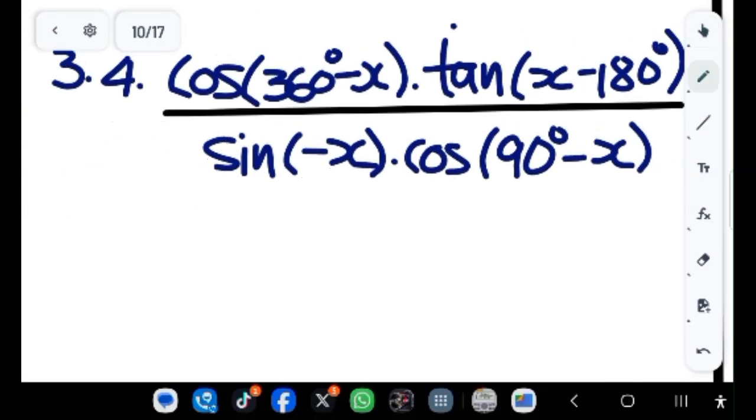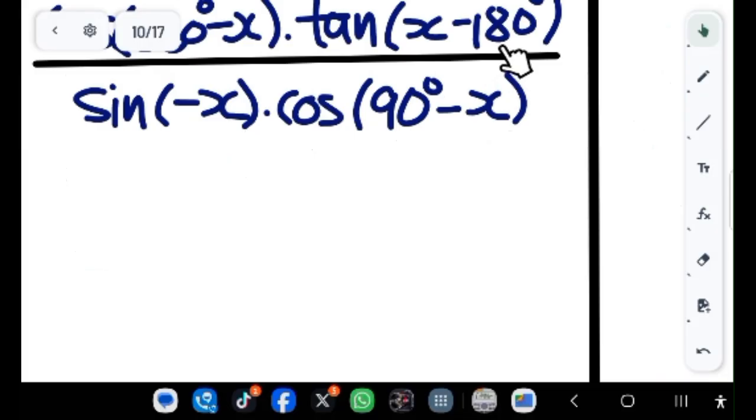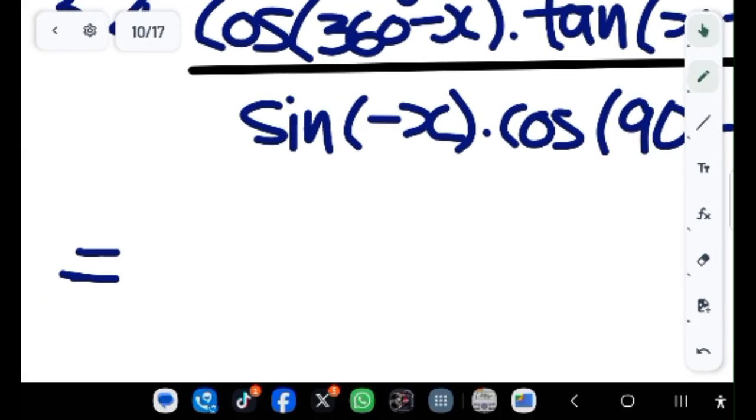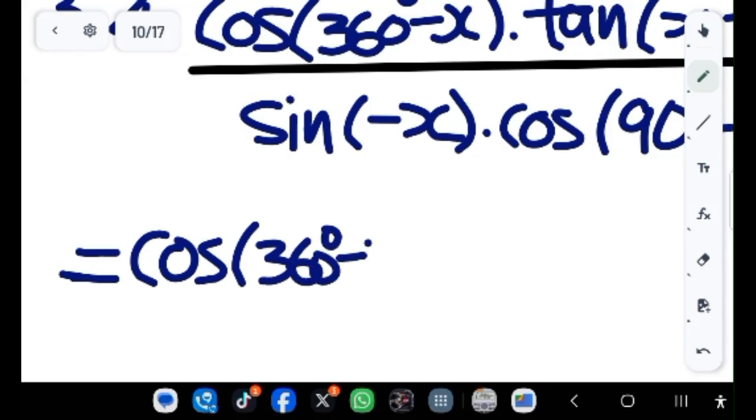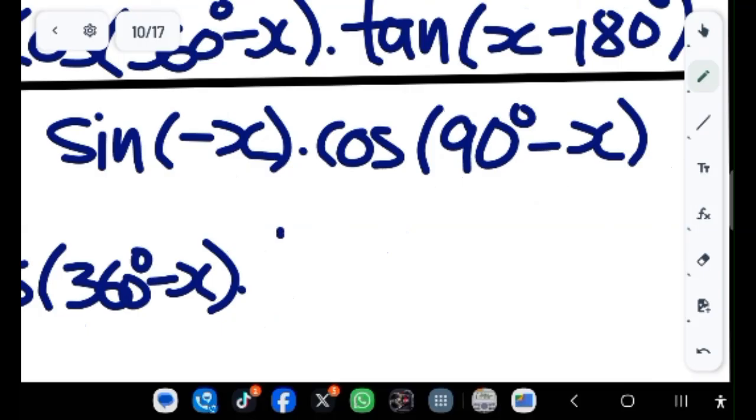The whole idea is to start with a positive angle, so that becomes negative 180 minus x. Everything else we're going to just let stay the same, just for the sake of you seeing exactly what it is that's going to turn into.